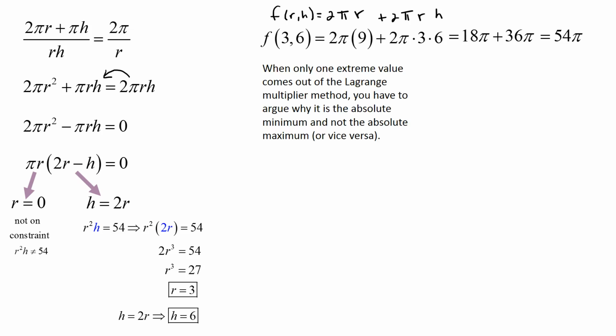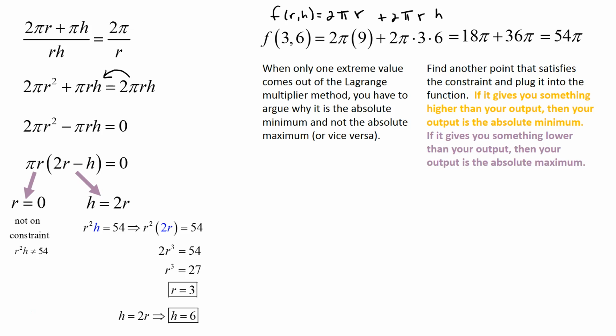When only one extreme value comes out of the Lagrange Multiplier Method, it's our job to make an argument as to why this must be an absolute minimum versus a maximum, or vice versa. Here's how you go about that argument. What you do is go to your constraint and find another set of r and h that satisfy that constraint, and take that r and h and plug it into the original function.